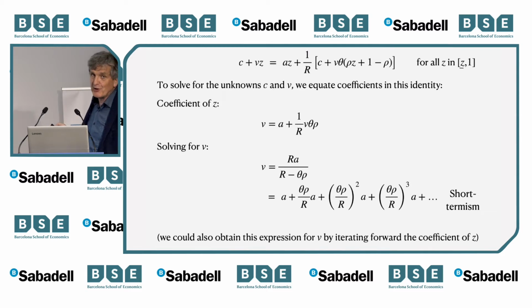So here we're back on home turf for macro theory. As a guess and verify, we can just equate the constant terms left and right-hand sides, equate the slopes of Z left and right-hand side, and out of that will emerge these unknown coefficients, C and nu.